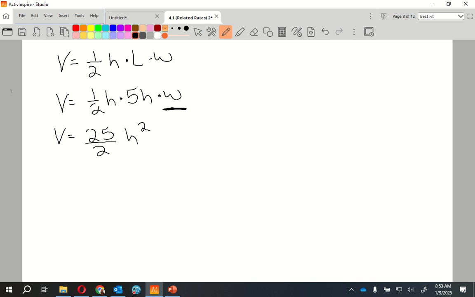Are we still okay? Okay, so let's take the derivative now. So I did all that work just to get to this point to set it up, and then take my derivative. I get my dV dt is equal to 25h dh dt.